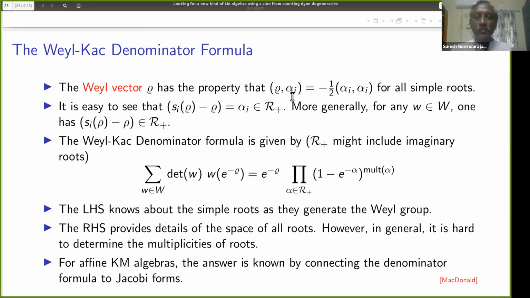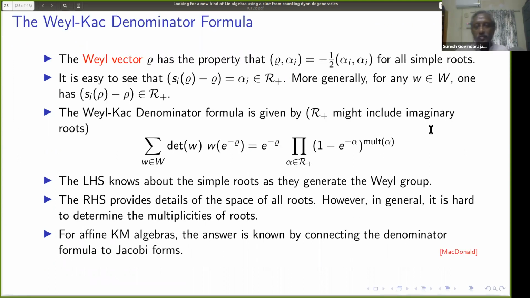But what we will do is work with rho such that rho is the vector whose inner product is the following, with a minus sign. The minus sign has got to do with Borcherds' convention for some other reasons. Don't worry about that. Usually it's written as plus, so what is in your standard books called rho is minus rho for me, for all simple roots. And then it's easy to see that if you take Si of rho, it just gives you back alpha i, which is an element of R plus. More generally, for any W belonging to the Weyl group, one has W of rho minus rho belongs to R plus.